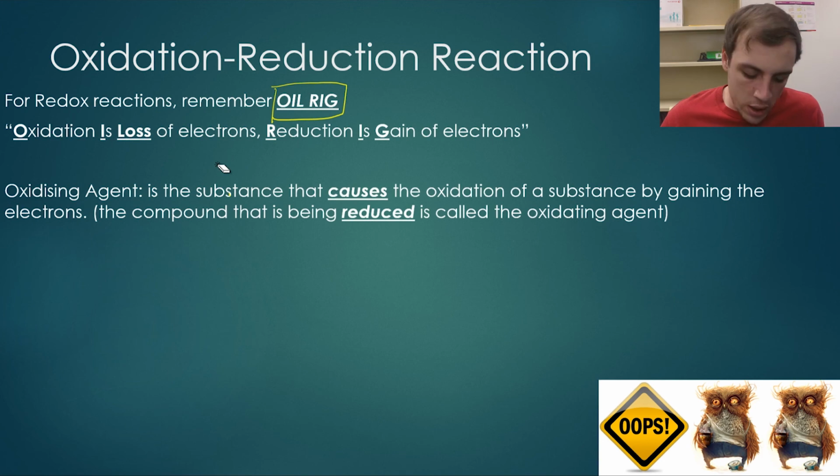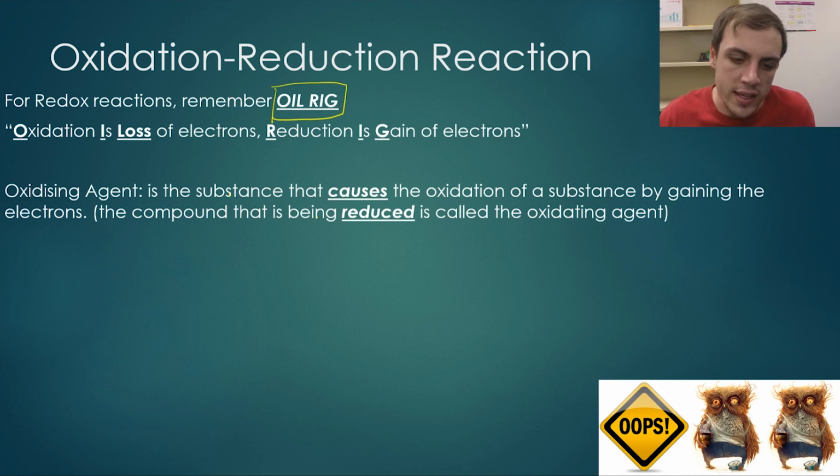Now let us explore what an oxidizing agent is. Now, a lot of people get confused here as well, and this is a bit confusing, so bear with me. An oxidizing agent is a substance that causes the oxidation of a substance by gaining the electrons. So, for example, if we have something that is being oxidized, so if we have something that is losing electrons, the oxidizing agent is the element or compound that gained those electrons.